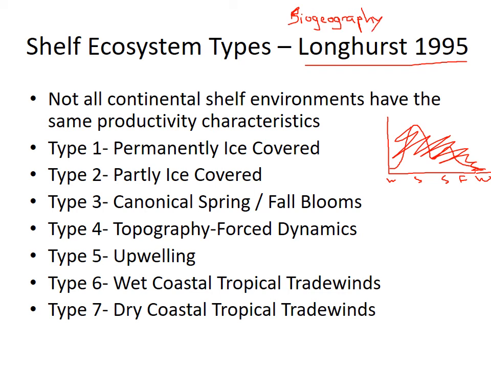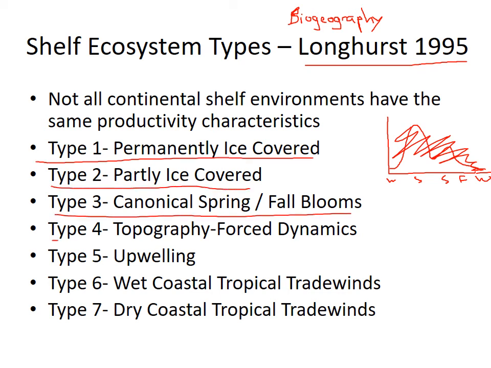So Longhurst, in addition to describing the biogeographic provinces of the ocean, described different continental shelf ecosystem types, types of marine continental shelf environments that had certain characteristics that he could describe. And so I'll go through and talk about each of the 7 types of continental shelf ecosystem that Longhurst described.